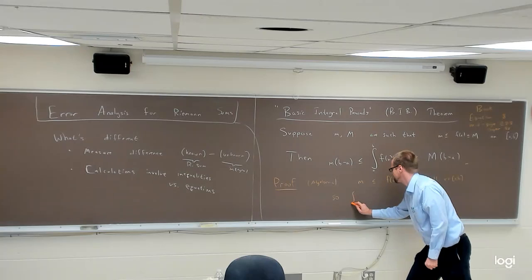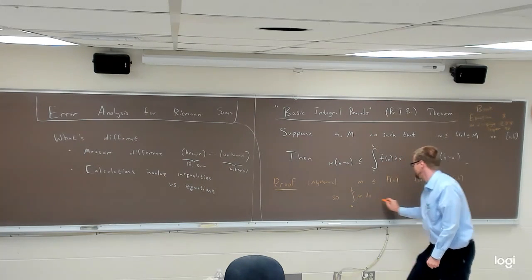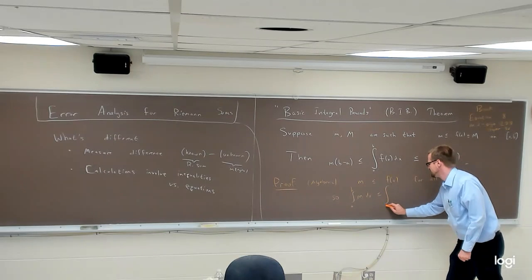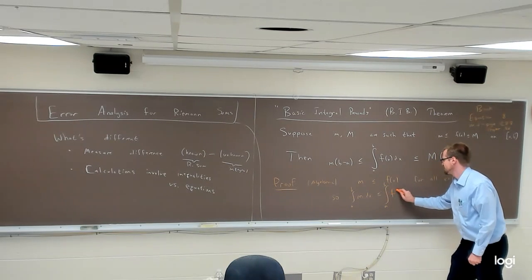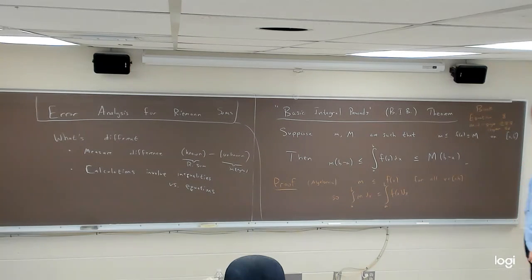So the integral from a to b of the constant function m dx is less than or equal to the integral of this other function f. That itself is using a previous fact about integrals, this kind of comparison theorem. Bigger functions have bigger integrals.